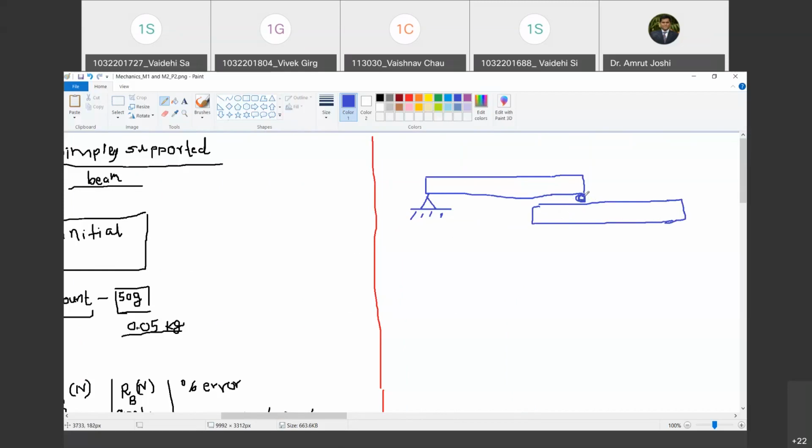So this rests on another beam, and you are going to have a hinge support here. Happy? Yes, sir. And on this side, you are going to have a roller support which rests on the spring balance.